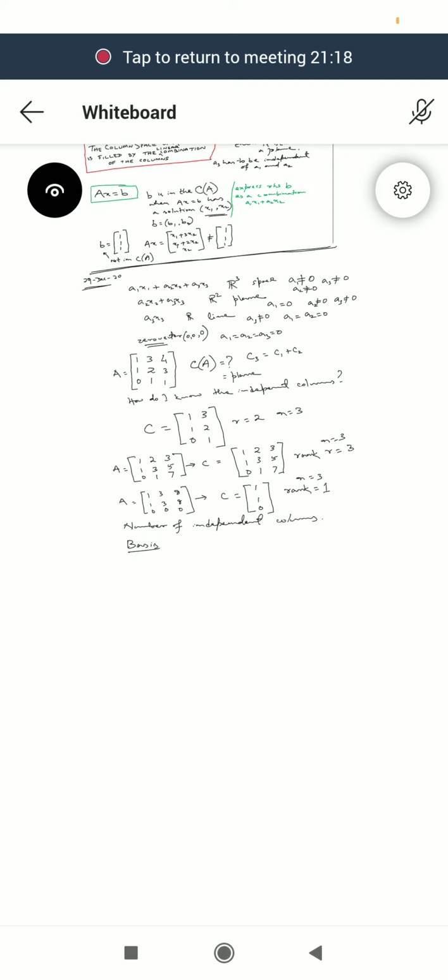So what is the basis for these subspaces? The set of independent vectors is known as the basis.